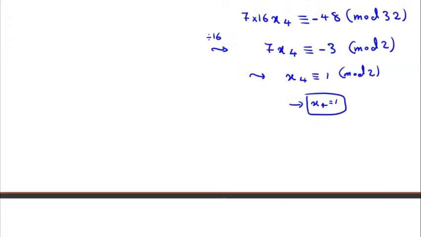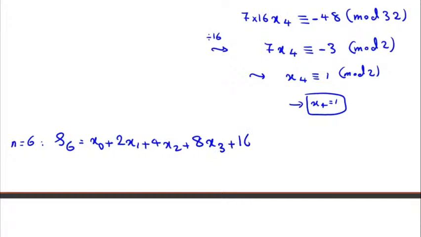And let's write n6. We can write it after this. Okay, n6. So s6 will be x0 plus 2x1 plus 4x2 plus 8x3 plus 16x4 plus 32x5. Now x4 is 1, x3 is 0. It is 1, it is 1, it is 1.